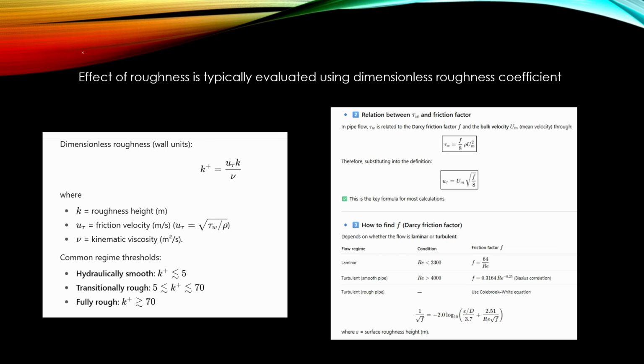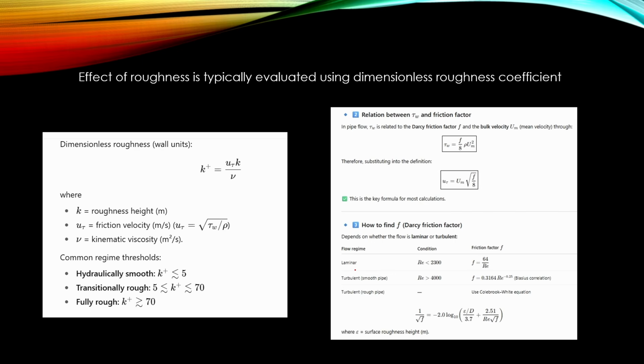Typically we analyze the effect of roughness using so-called K plus value. K plus is a function of a so-called friction velocity, height of the roughness elements, and kinematic viscosity of the fluid. On the right side you see a guideline how you can calculate this friction velocity.